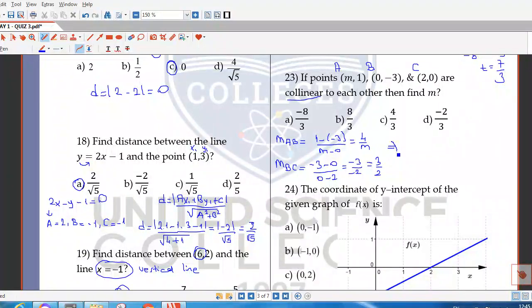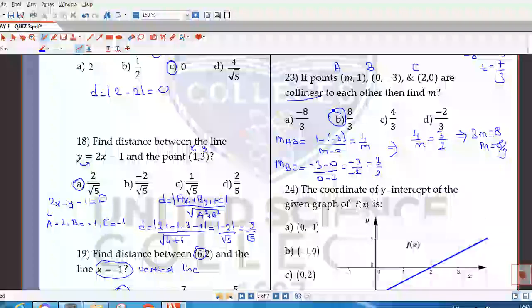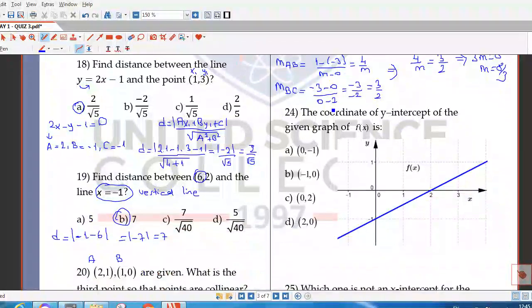To be collinear, the slopes should be equal. 4/m must be equal to 3/2. Cross product is going to give us 3m is equal to 8. So m is going to be 8/3. Answer is B.